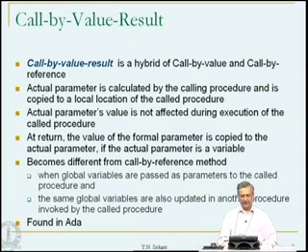So, what happens here is that the actual parameter is calculated by the calling procedure, and it is copied to a local location of the called procedure. The actual parameter's value is not affected during execution of the procedure. So far, it is very similar to call by value. At return time, the value of the formal parameter is copied to the actual parameter if the actual parameter is a variable.